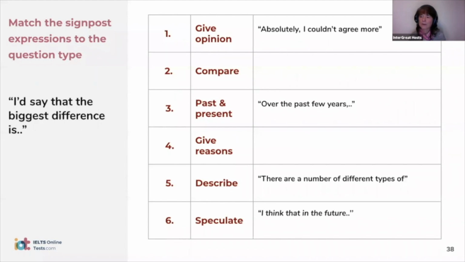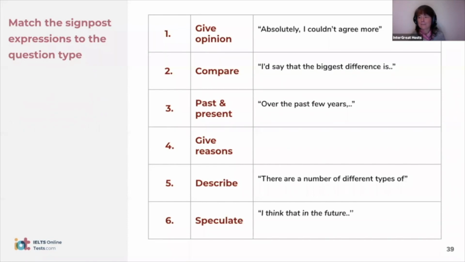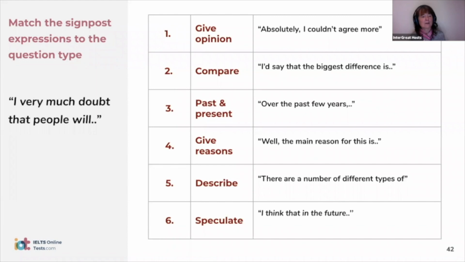If we're talking about differences, very good. We are comparing. This is the one that we just looked at. So, "the main reason." Yes, clearly you're giving a reason for that. "I very much doubt that people will."